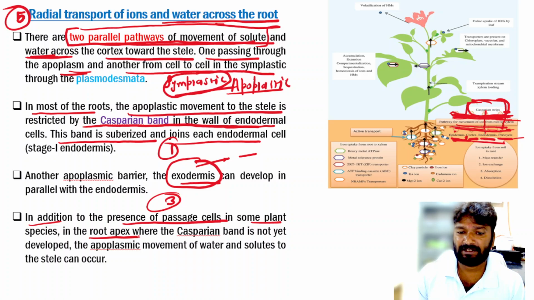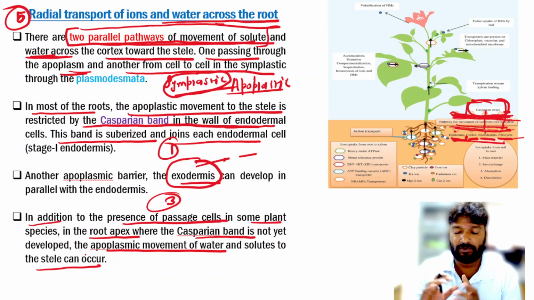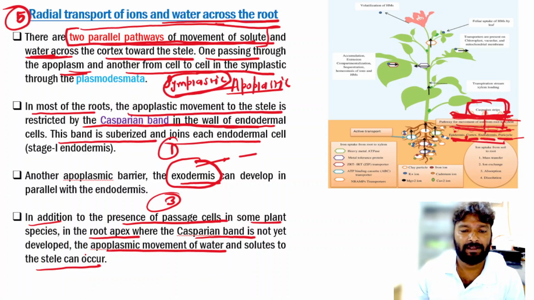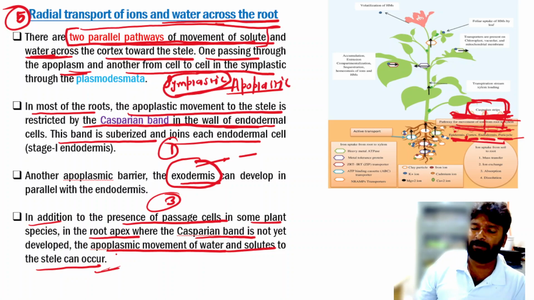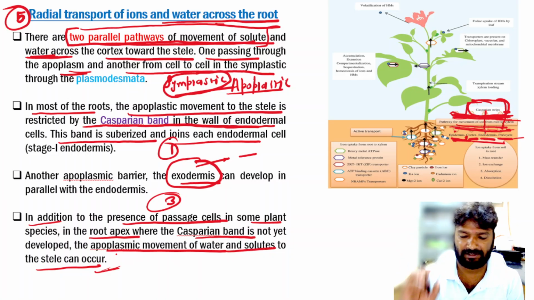In the root apex where the Casparian band is not yet developed, the apoplasmic movement of water and solutes to the stele can still occur. So in the case of this apoplastic pathway, the water and solutes move through some other cells, because these cells are blocked by the Casparian bands, exodermis or some passage cells. Okay.